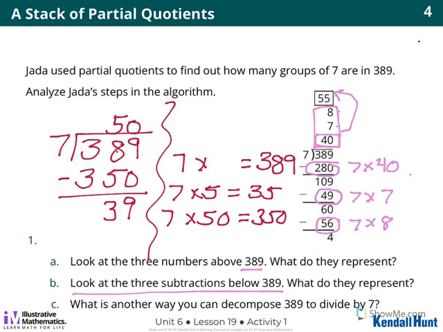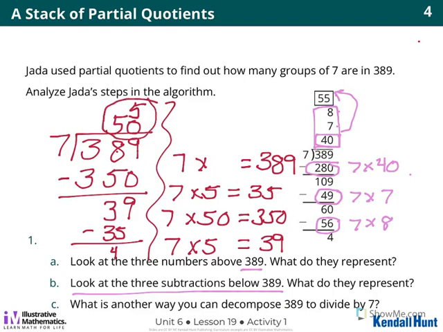Now, I only have 39 left. 7 times what number is close to 39? 5, right? Because 7 times 5 is 35, so I would stack a 5, and if I subtract, I get 4. Then I would just add these two and get 55, remainder 4.